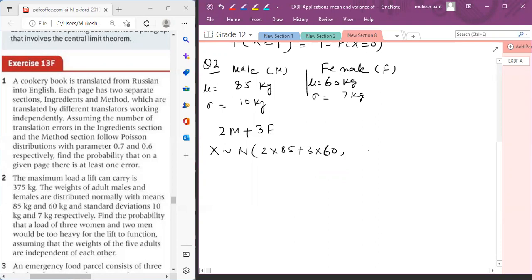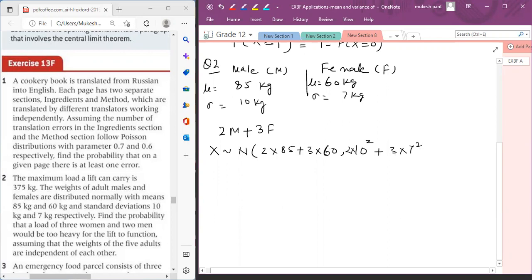And in the case of standard deviation, in the normal distribution we write the variance, so the square. We have 2 times the square of 10 plus 3 times the square of 7. Why 2? Because there are 2 males.